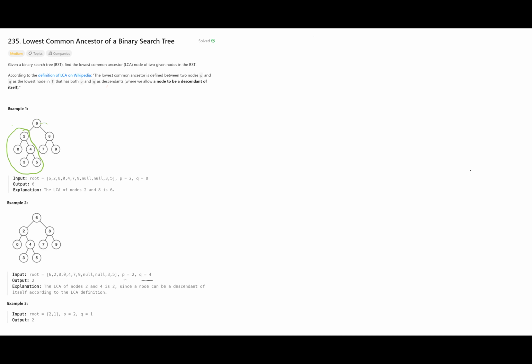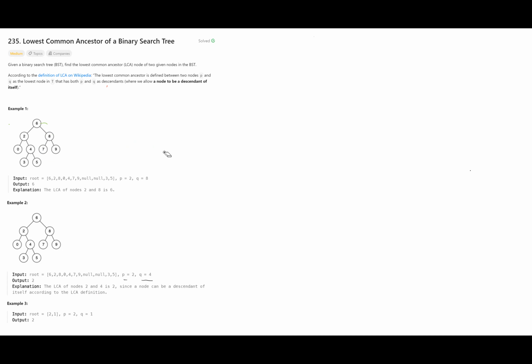Anything in the left subtree is less than 6. Now for the right subtree, anything here is greater than 6. Okay, so we know this.